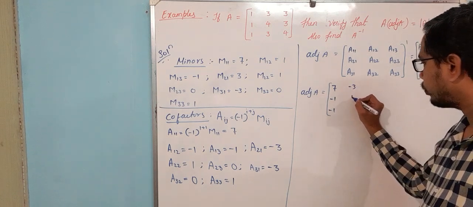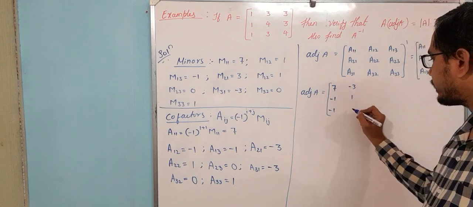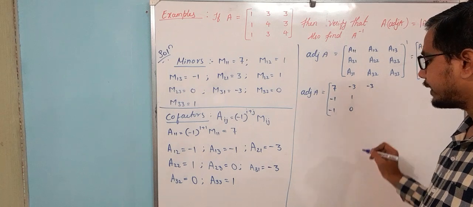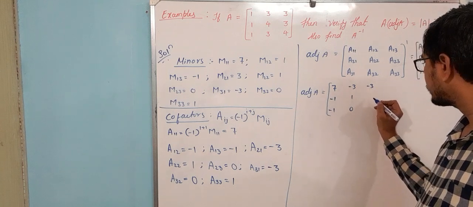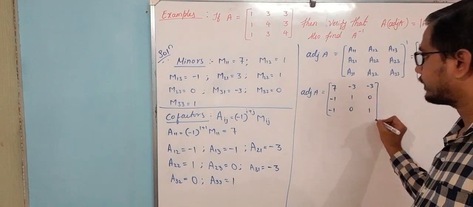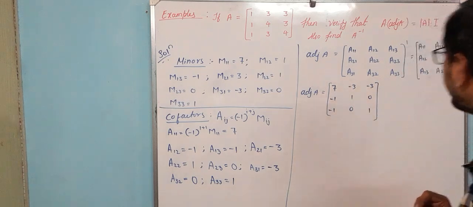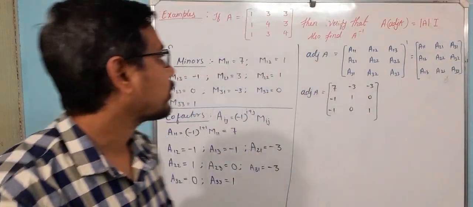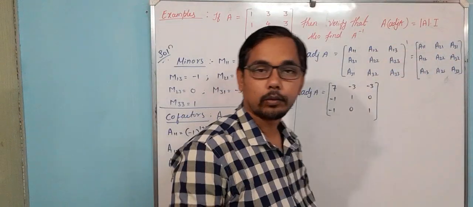A22 is 1. A23 is 0. A31 is minus 3. A32 is 0. A33 is 1. This is our adjoint A. This is what we were supposed to calculate.